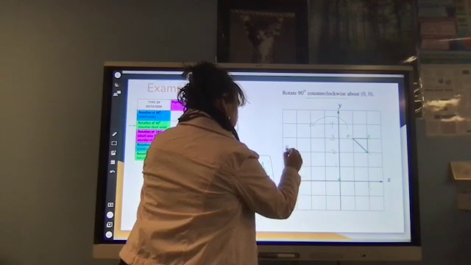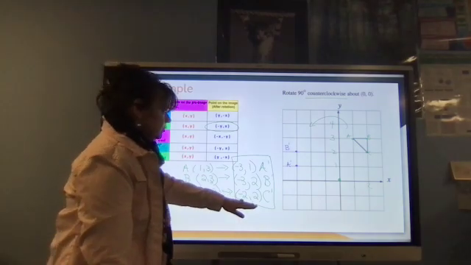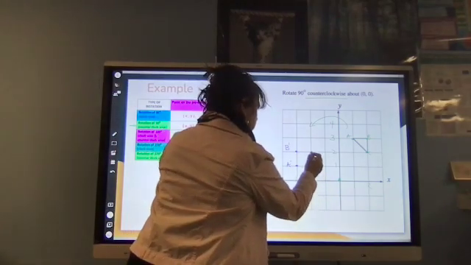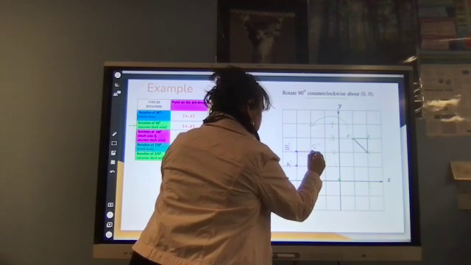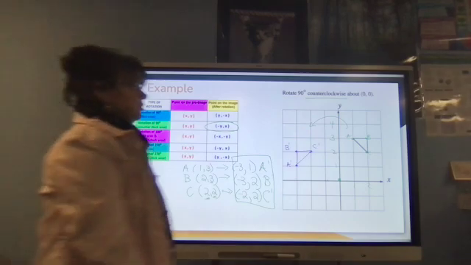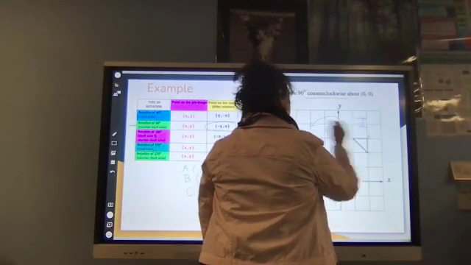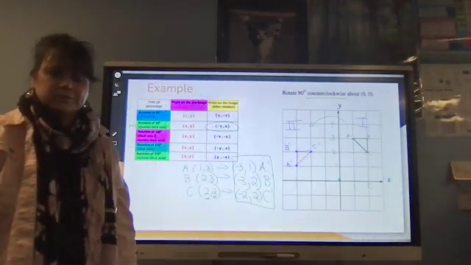So here's our B prime. And our C prime is negative 2, 2. 1, 2, 1, 2. There's our C prime. We connect our coordinates, and we have now rotated this original image in quadrant 1 to our new image in quadrant 2.